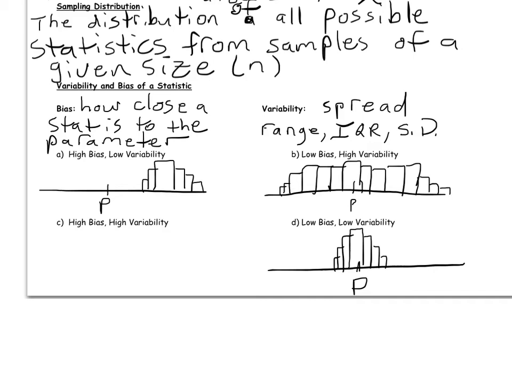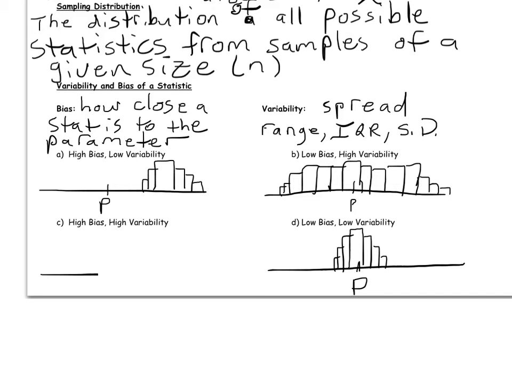So notice there's not a lot of spread there. Like all the results are clustered really close together, but notice how the center of the histogram is way off of the parameter that I'm trying to measure. So it's not a lot of spread, but it's missing the mark. That's what high bias means. The sample statistics are really far off of the parameter.